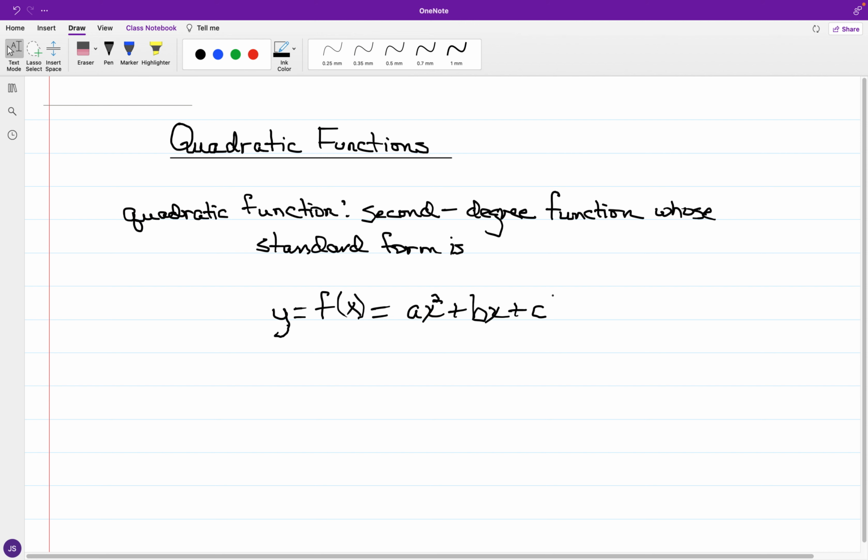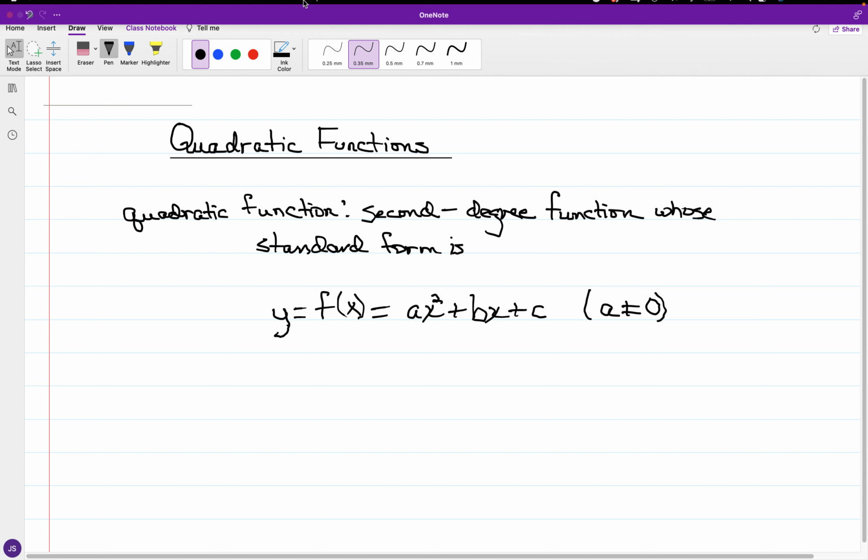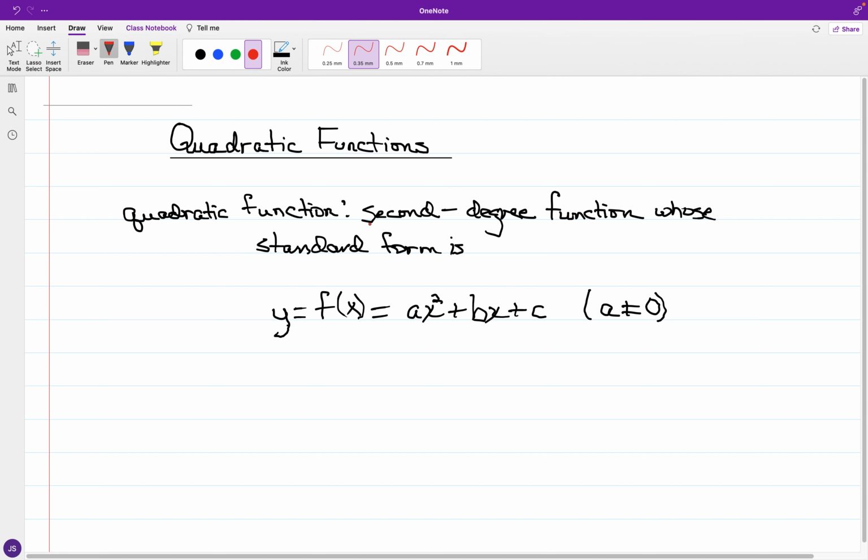And just like in the quadratic equation, the leading coefficient a is going to be non-zero in value. For a second degree function, we're looking at second degree in terms of the variable x, so you have x to the second.